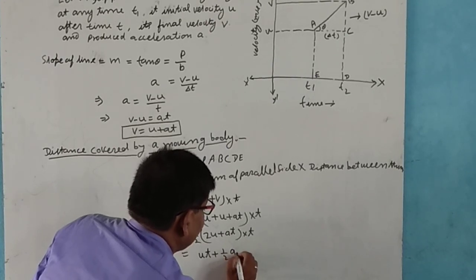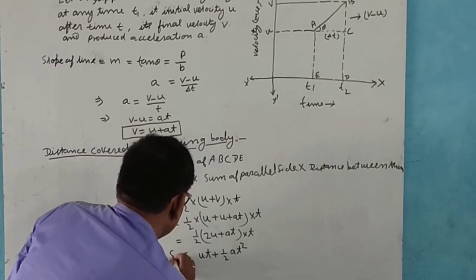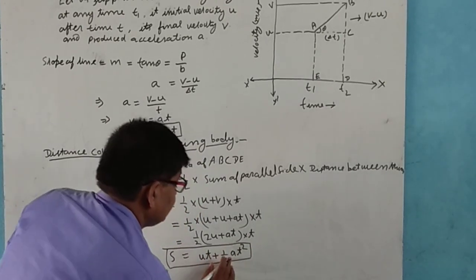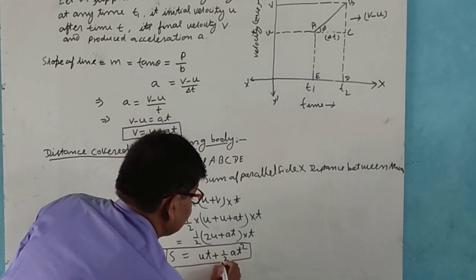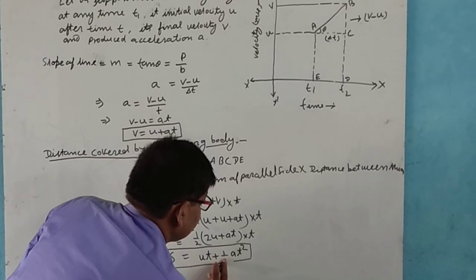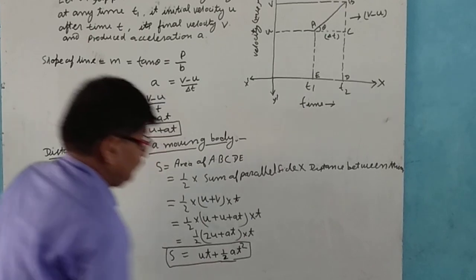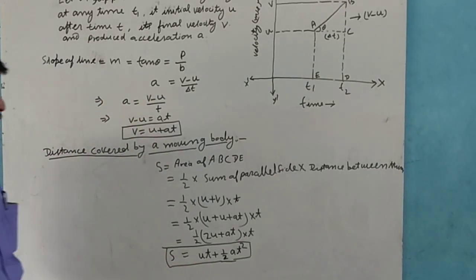So s is equal to ut plus half at square.